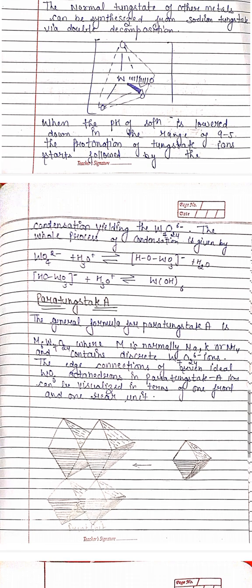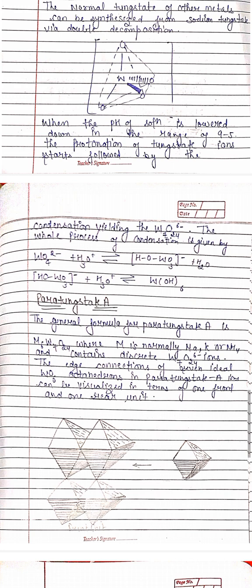Paratungstate A. The general formula for paratungstate A is M6W7O24, where M is normally Na, K or NH4, and it contains discrete W7O24 6- ions.